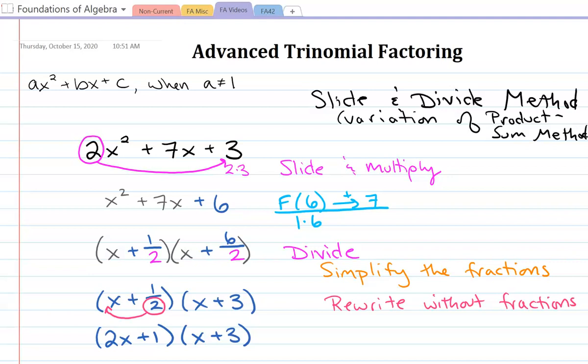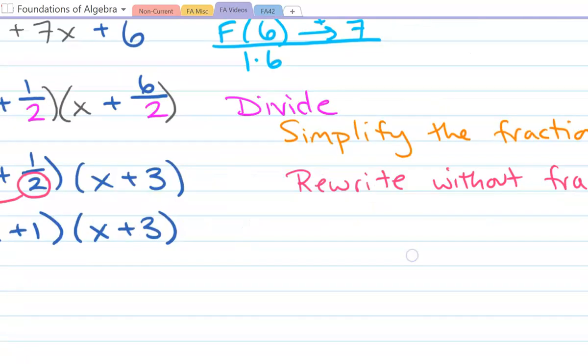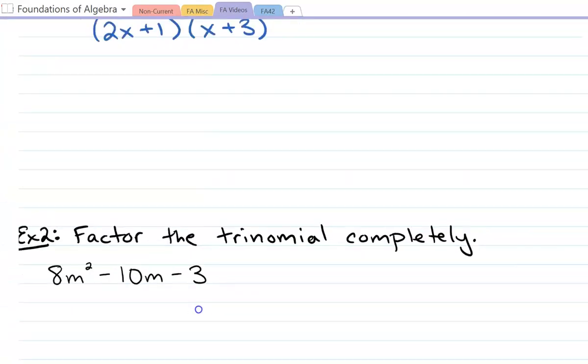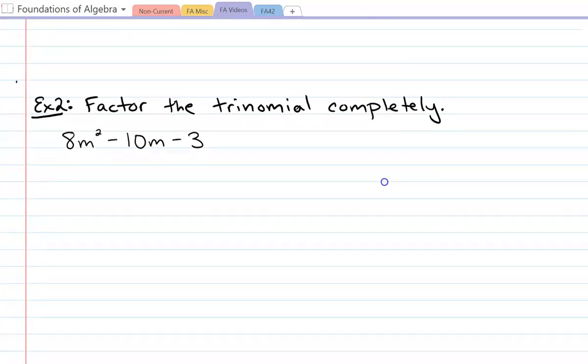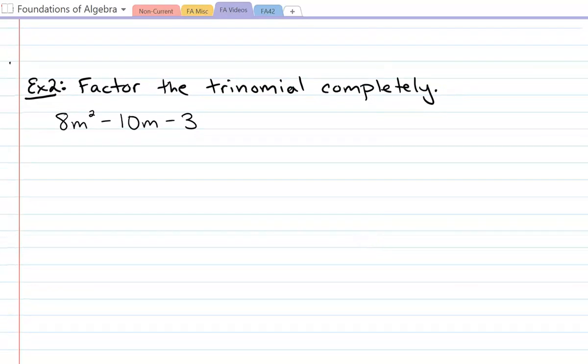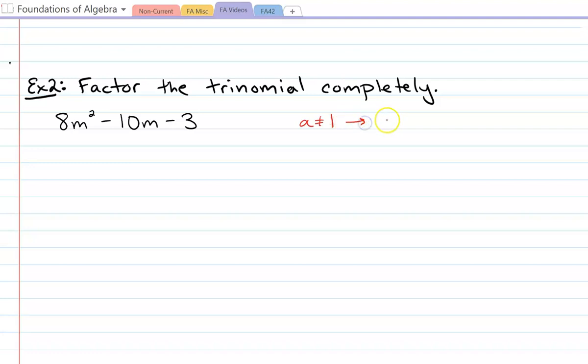Okay, so let's do another one. We'll call that one example 1, and let's look at it here. Okay, so the first thing on our mind should be that a is not 1. Well, the second thing we want to look for is, is there a GCF?